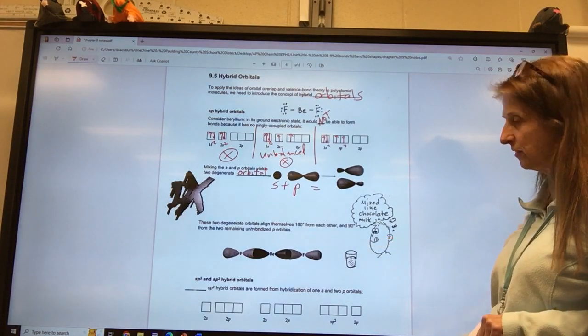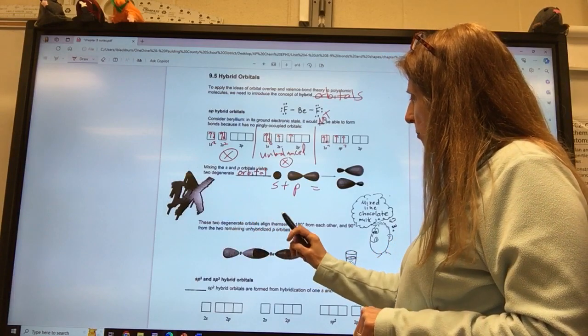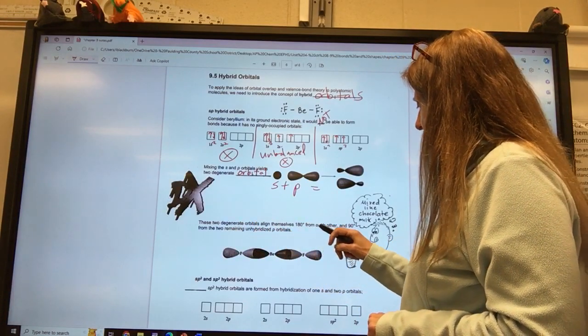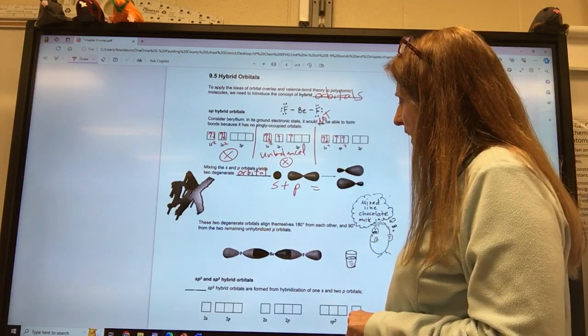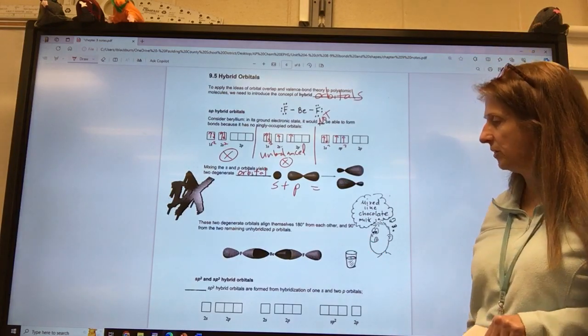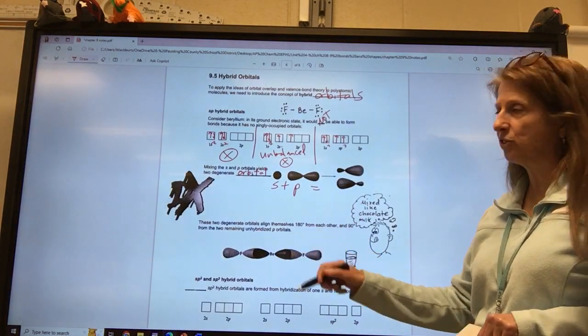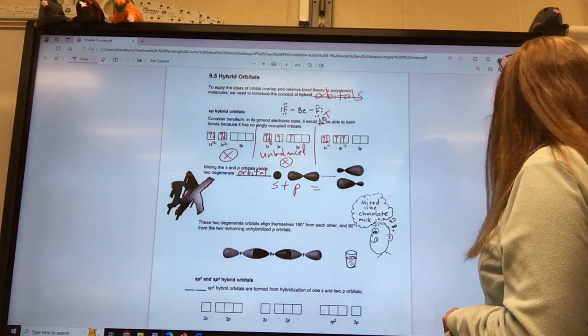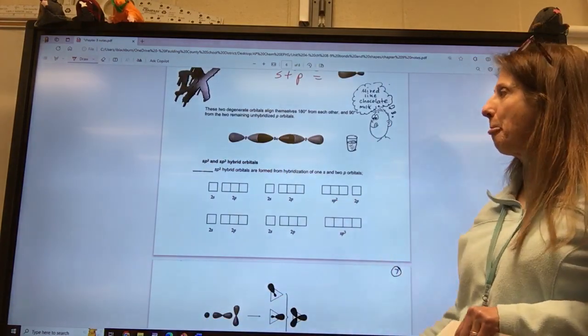These 2 degenerate orbitals align themselves 180 degrees from each other and 90 degrees from the 2 remaining unhybridized p orbitals. So there is our molecule, all nice and in a line, symmetrical, nature liking balance. Now this is considered a hard chemistry idea, but I don't think it's that hard.